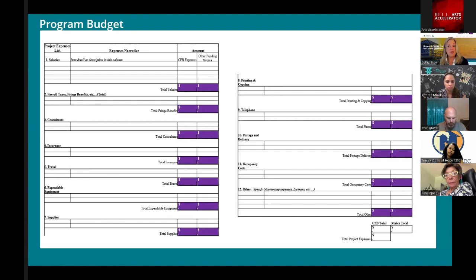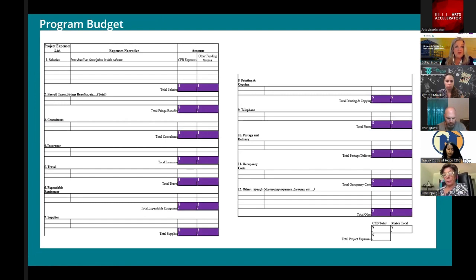Because if you are applying for, say, a part-time position to help in your program, we would want to know in that first section what the salary was and what funding from the Community Foundation you would be using for that. But if you also want to use grant funds for your payroll taxes and your fringe benefits and that kind of thing, you would want to have that figured up.